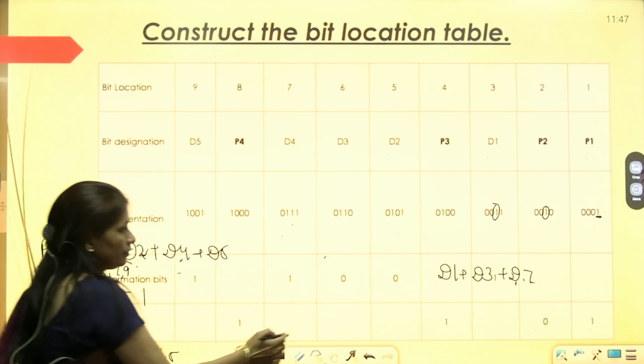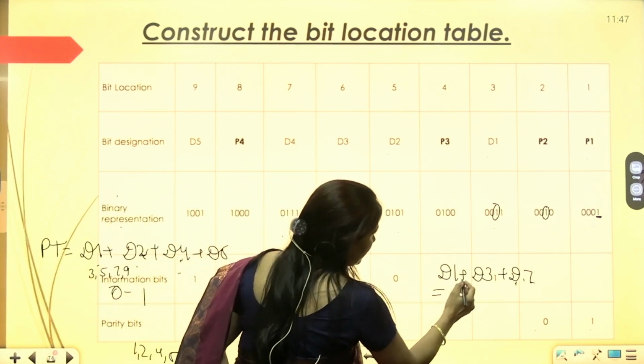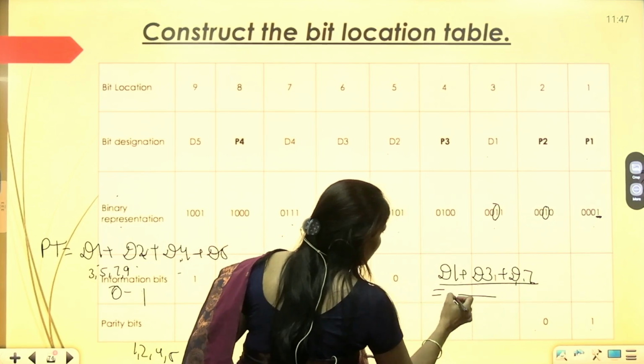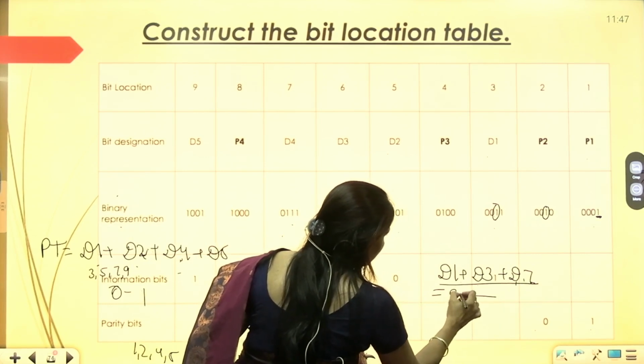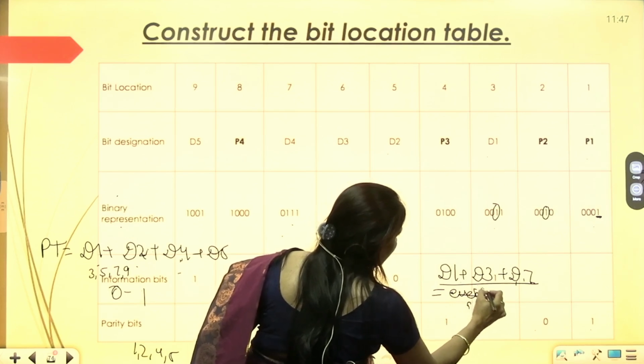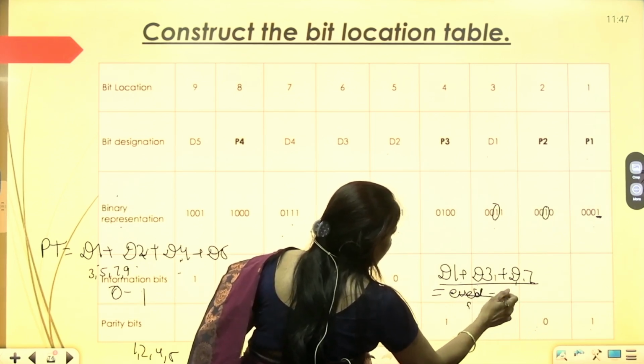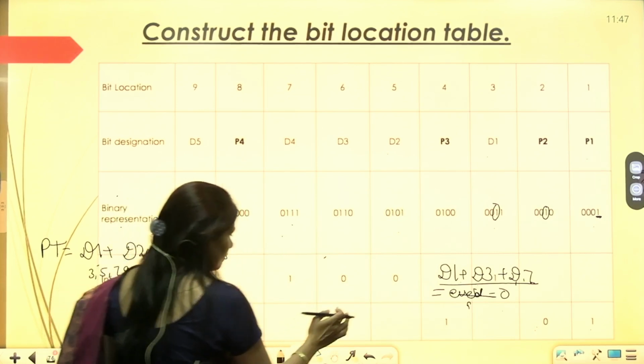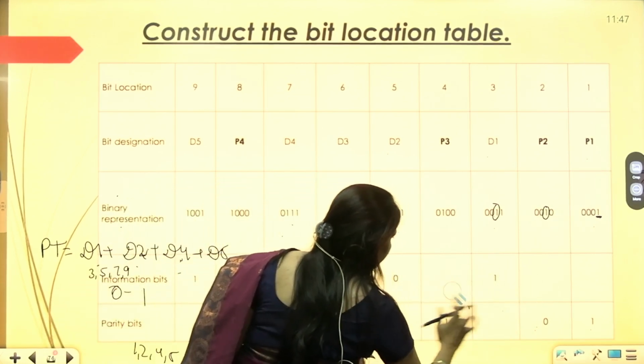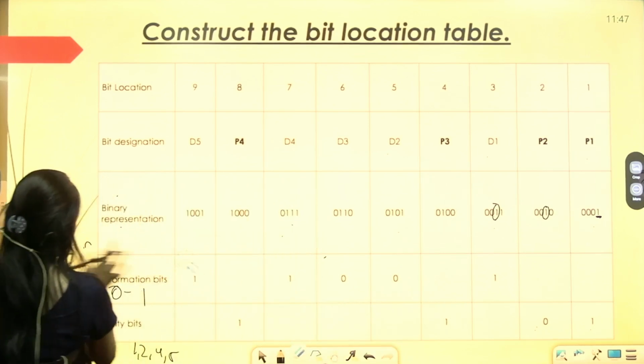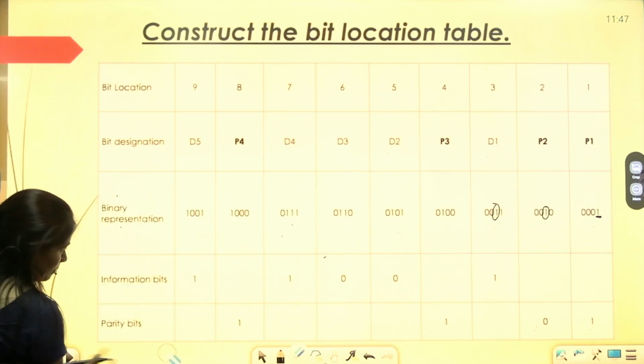Three values are here. If the number of ones is even, then the parity bit is 0. P2 value is 0.